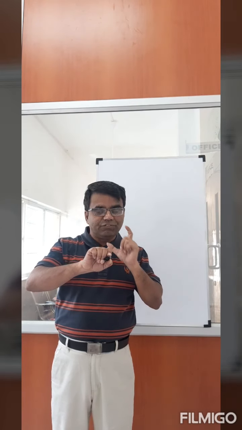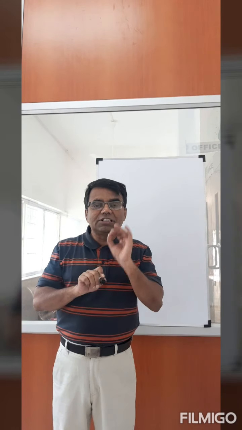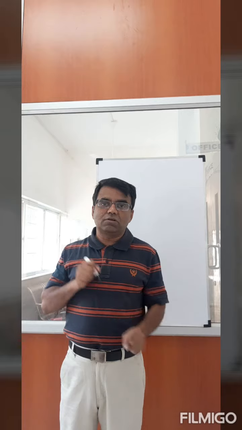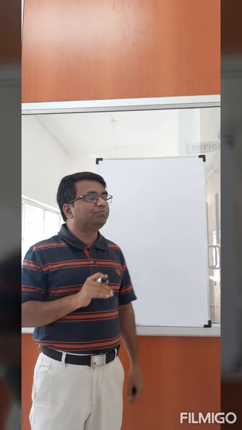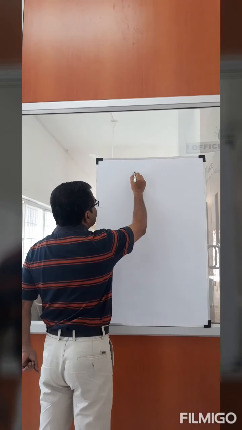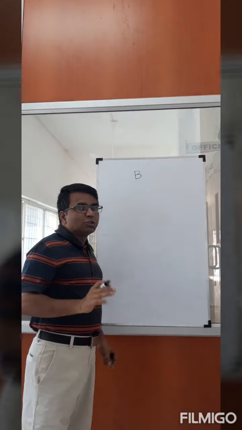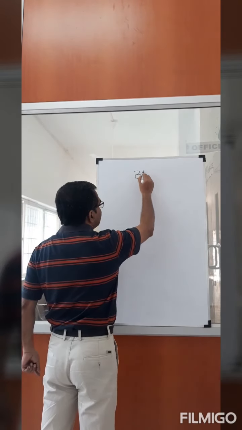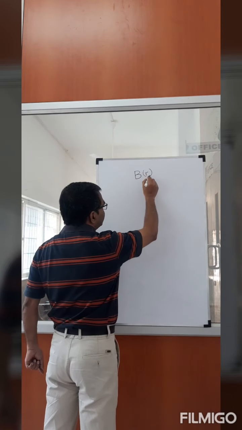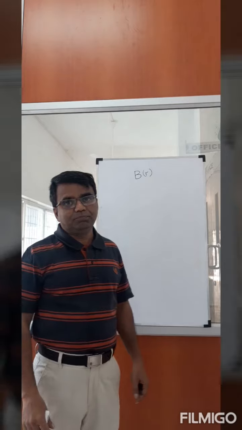So this magnetic field produced by this current is a function of the position vector R, where you measure it from the wire. So B is the symbol you use for magnetic field, and this is a function of R, where R is a position vector.